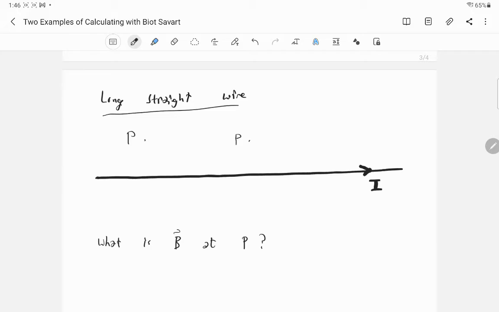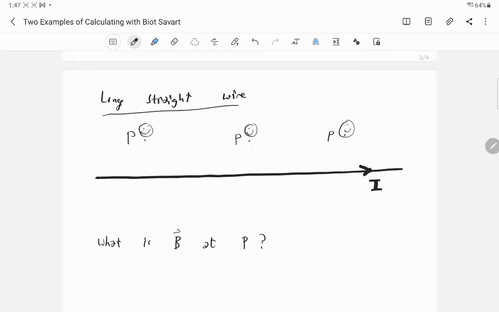And the reason is because if I stand here and I look towards my left and I look towards my right, all I see is a long straight wire going out to infinity. And if I look to my right, I see a long straight wire going out to infinity. But that's actually exactly the same case as if I was to stand over here or over here.